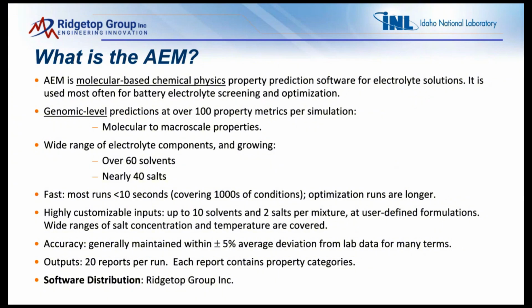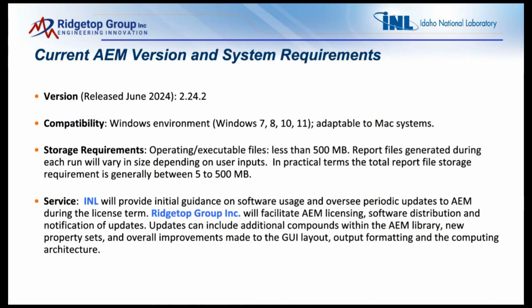Next. Okay, so the current version of AEM released this month is 2.24.2. It's compatible with all the Windows environments that you would find in any office or research group.